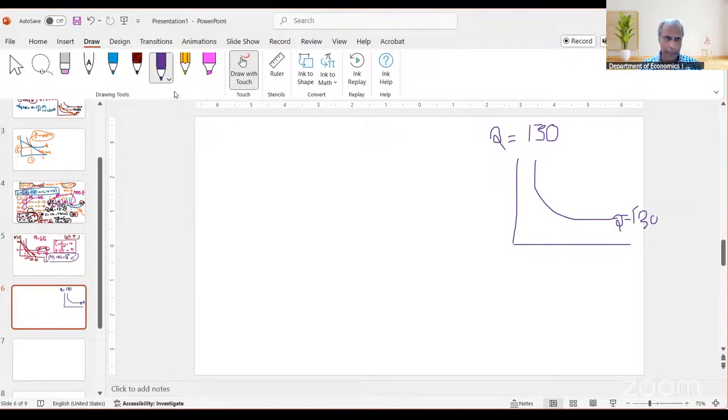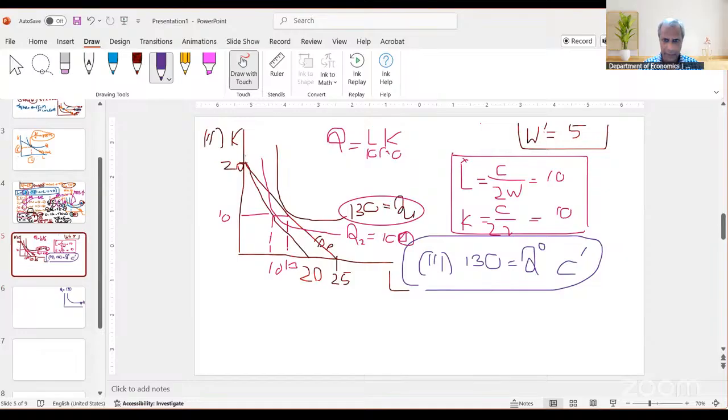Now we have to find, if I go to the original, the output target is 130. You have to reach it because there is the market demand. Then what you have to do, this second ISO cost curve, you have to shift.